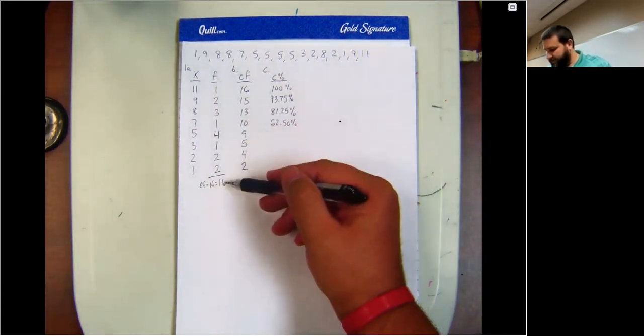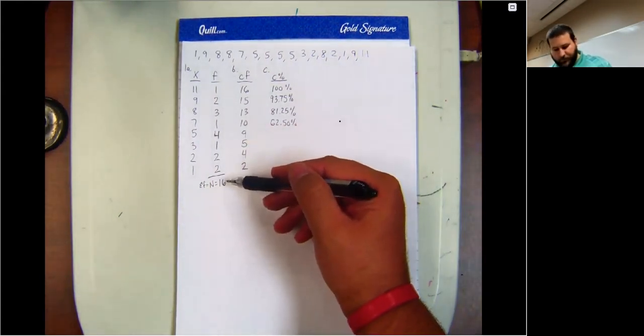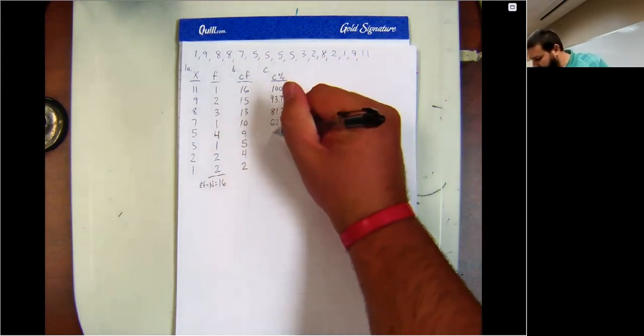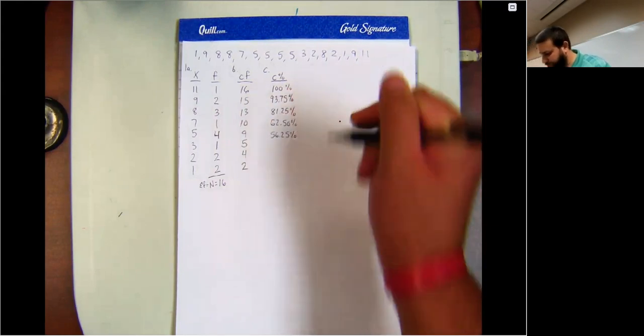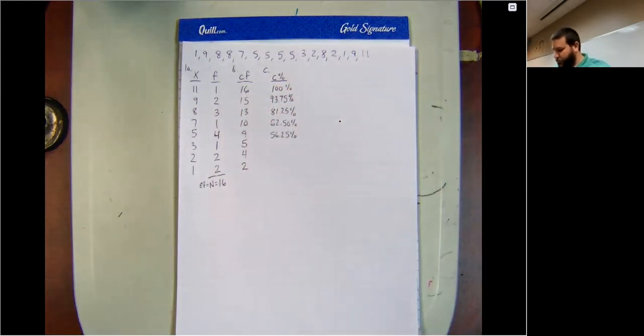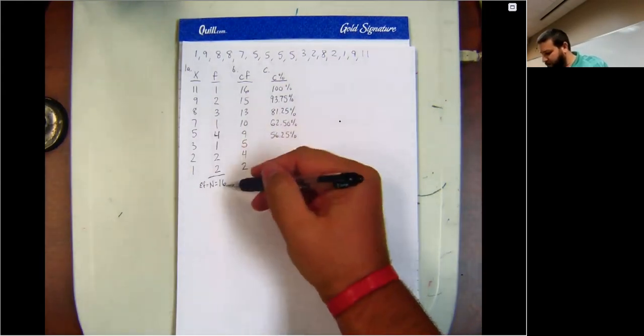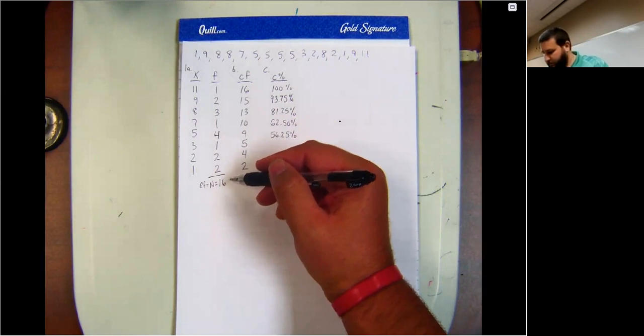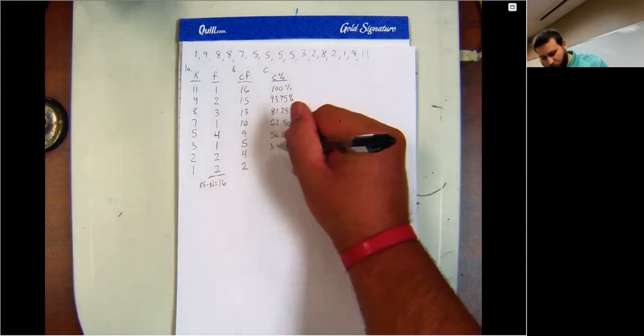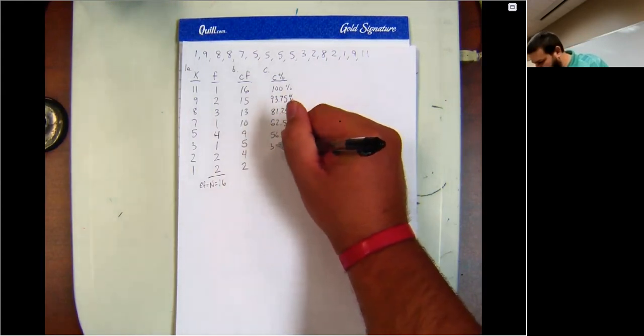9 over 16 is 0.5625, times 100 is 56.25%. Okay. What percentage scored a 3 or lower? 5 divided by 16 is 0.3125, times 100 is 31.25%.